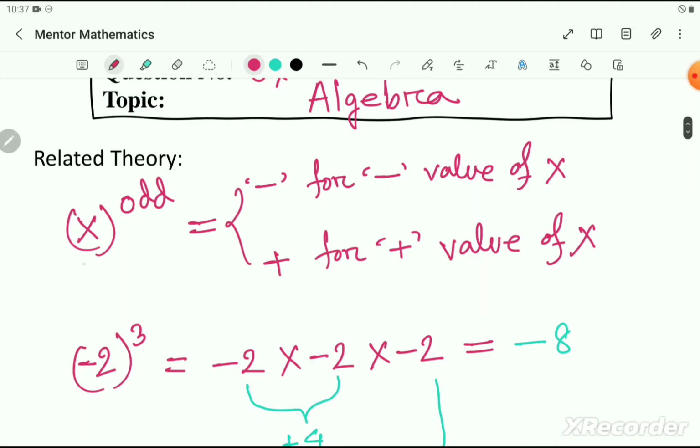So for any real number x, if it has a power which is odd, then we'll get a negative value for a negative value of x, and a positive value for a positive value of x.